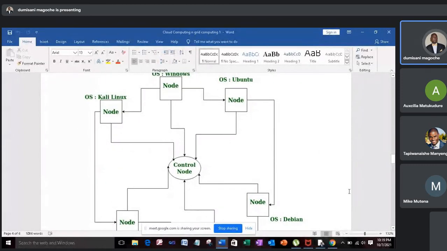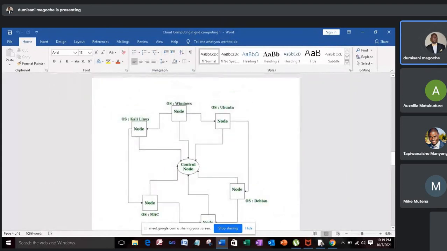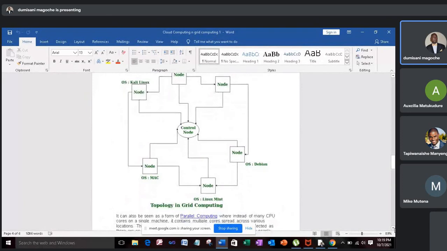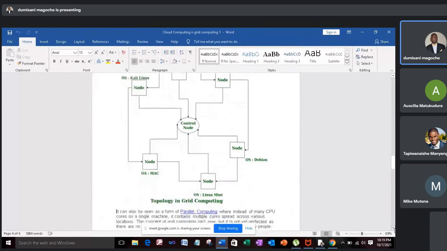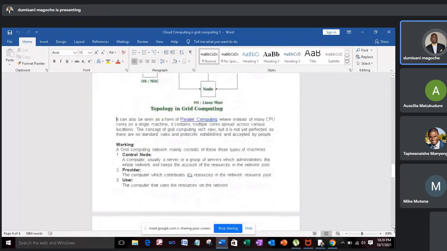I don't know if it is able to suffice, but it is what was available. It can also be seen as a form of parallel computing where, instead of many CPU cores on a single machine, it contains multiple cores spread across various locations. The concept of grid computing isn't new.